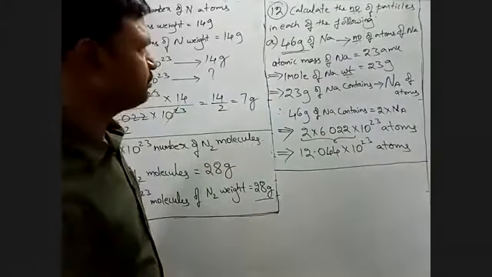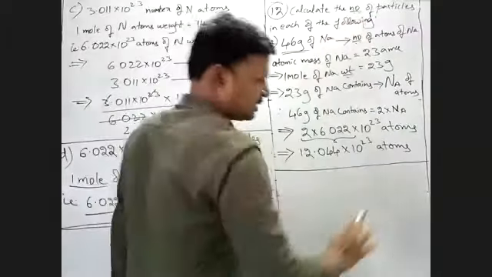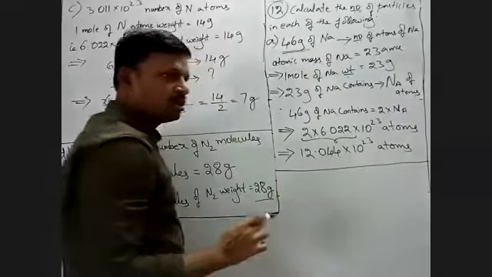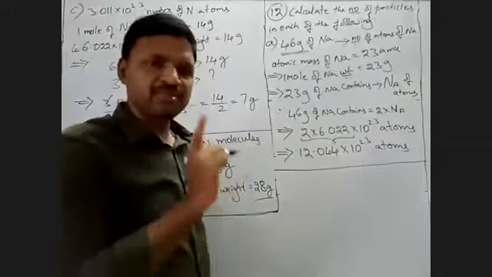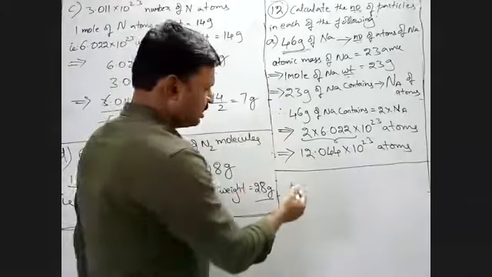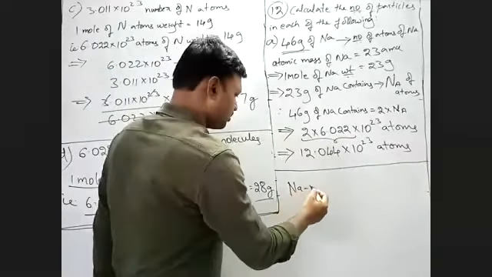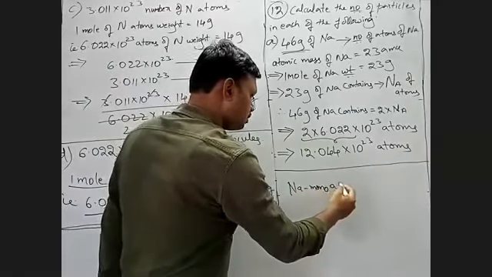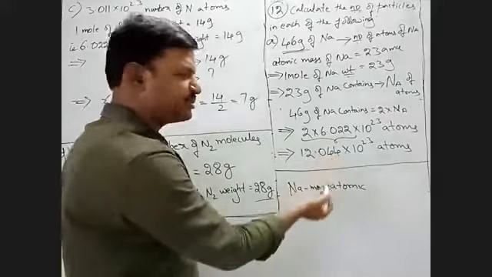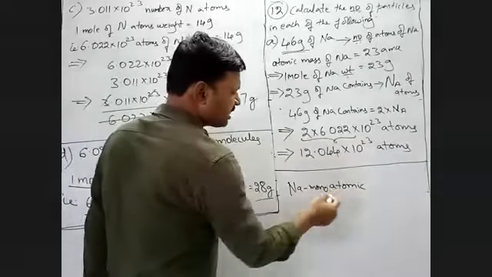So once again, calculate the number of particles in 46 gram of sodium. Sodium is an element. Is it diatomic or monoatomic? Na is monoatomic. Monoatomic means when we speak about Na, particles means sodium atoms only.